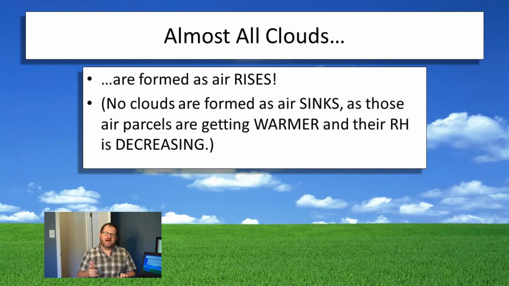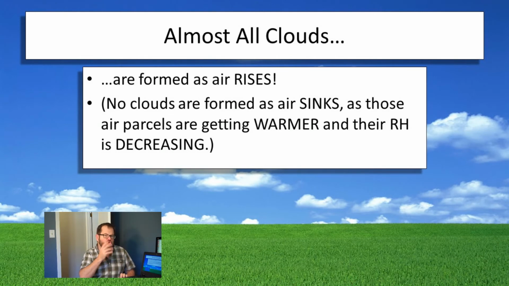More or less all clouds form due to rising motion, which makes sense. If the best way to get saturated conditions in an air parcel is to cool the air parcel, and we know we can fairly easily cool an air parcel just by lifting it, looks like clouds are generally going to be associated with rising motion.